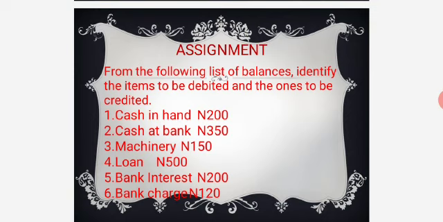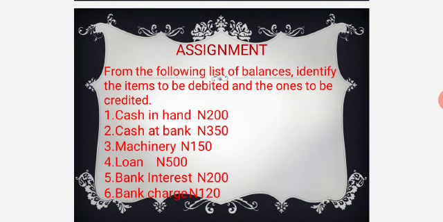I have also listed out some balances. At this your level, you might not be expected in the exam to prepare a trial balance, but the examiner will wish to test your ability to identify items that should be debited and the ones to be credited. This reminds you to go back to the rule guiding the preparation of trial balance so that you'll be acquainted with them.